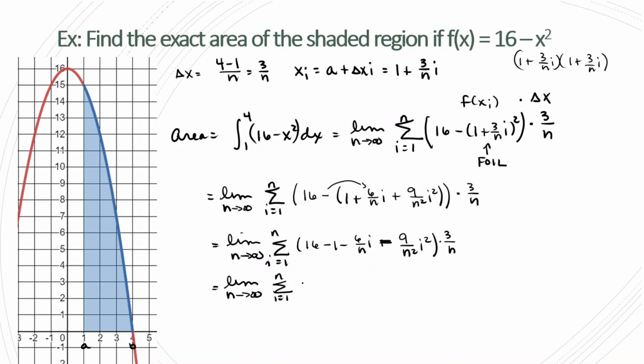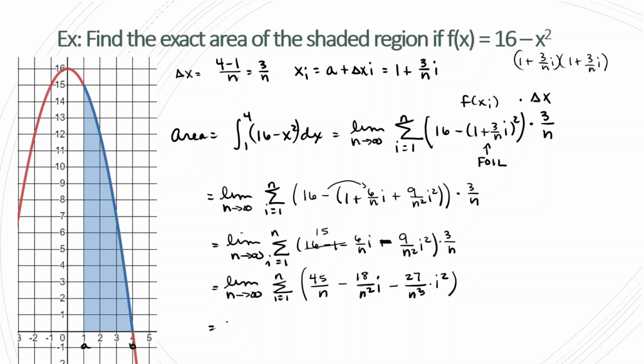So 16 minus 1 is 15. So I'll have 45 over n minus 18 over n squared times i minus 27 over n cubed times i squared.